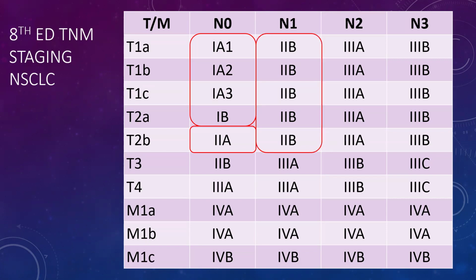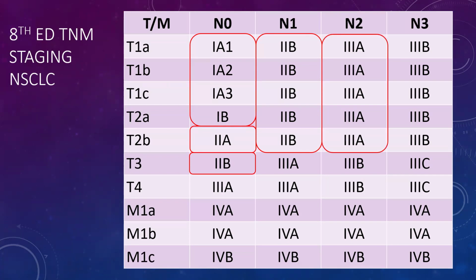If you have a small mass, less than 7 centimeters, with N1 involvement, those will fall under stage 2B. Or if you have a bigger mass, more than 7 centimeters, or involvement of your important but still operable structures, then that will also fall under 2B.